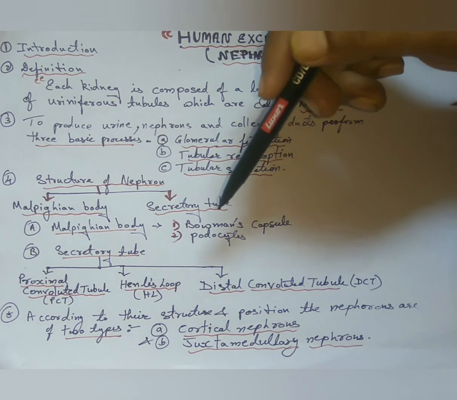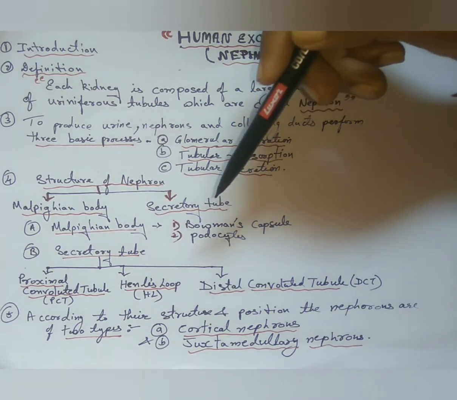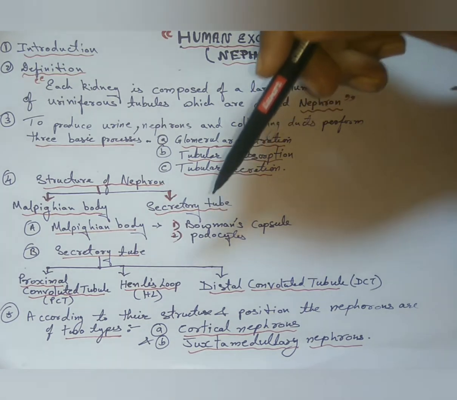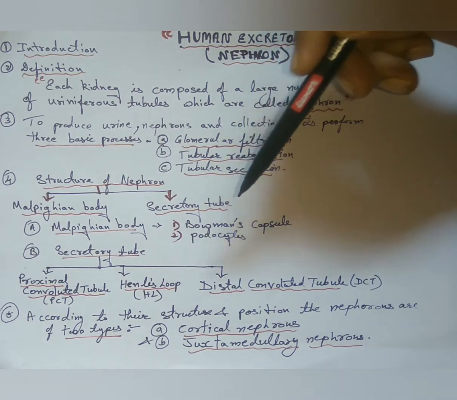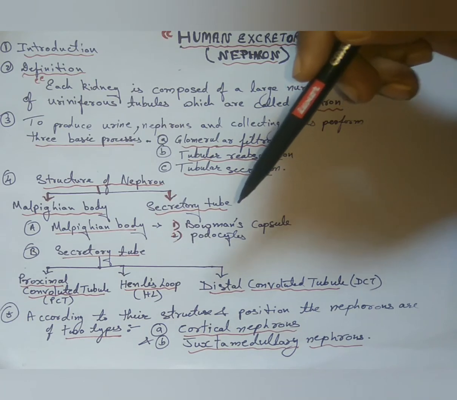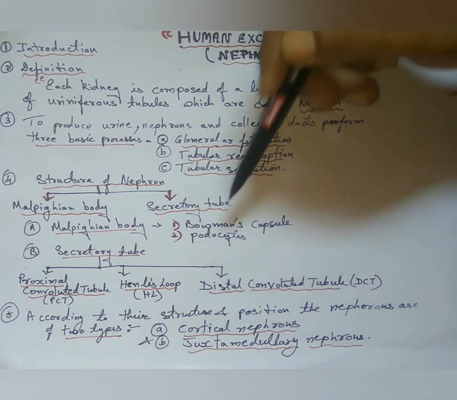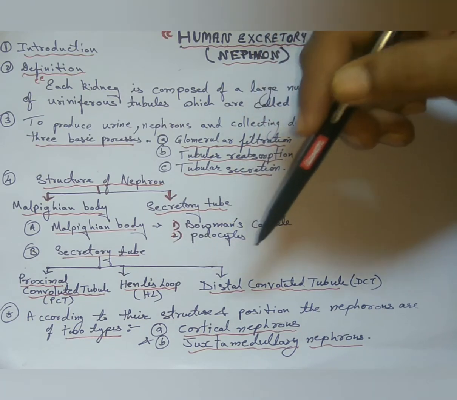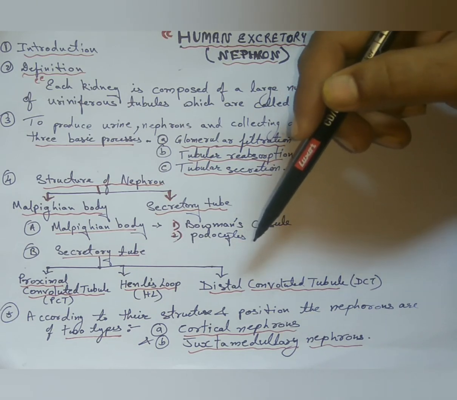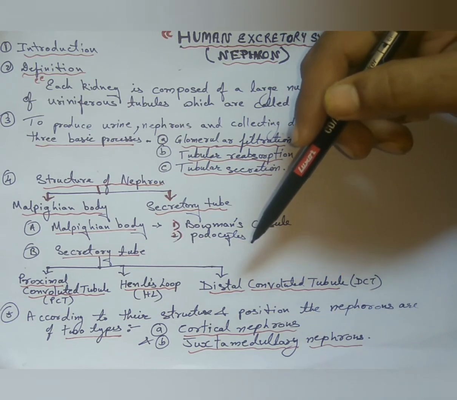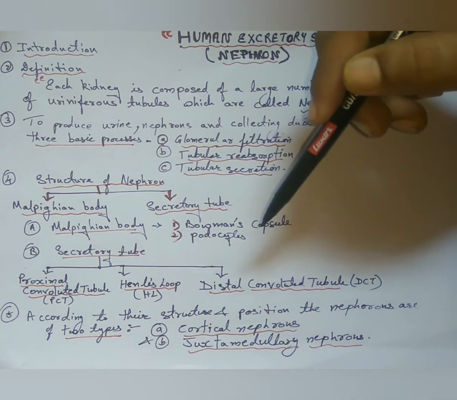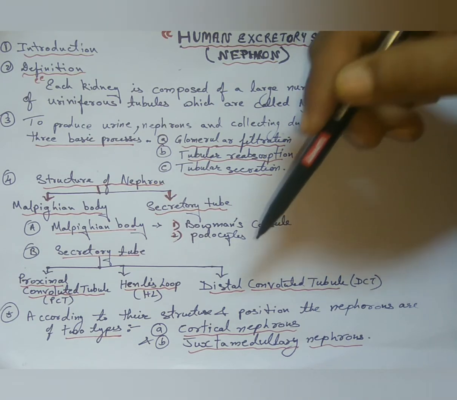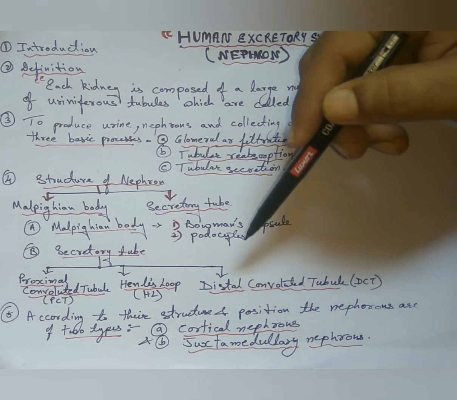The inner wall that lines the concavity of the cup is composed of a special type of less flattened cells called podocytes. The podocytes bear finger-like projections which intertwine around capillaries of the glomerulus. The neck part of the nephron is lined with ciliated epithelial cells.